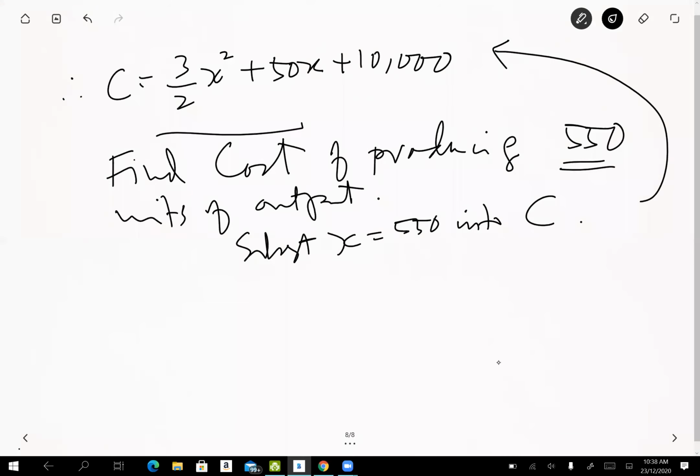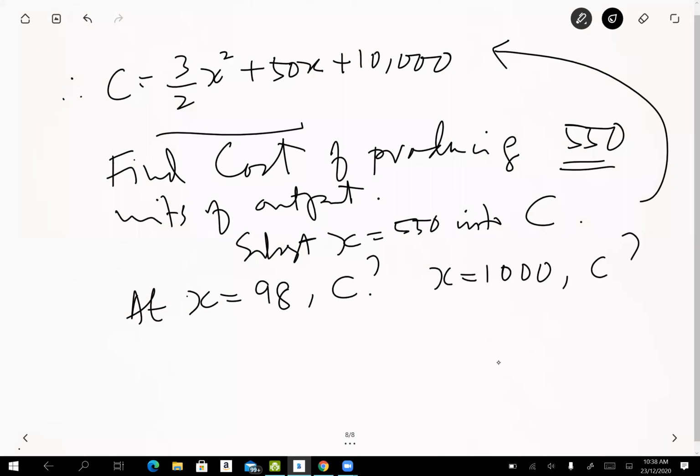Or for that matter, you can find any output level, what is the cost. So you can say at x equal to 98, then you get the C. Or x equal to 1,000, you also can get this. Once you have found the constant here, you can find the value of the function at any point.